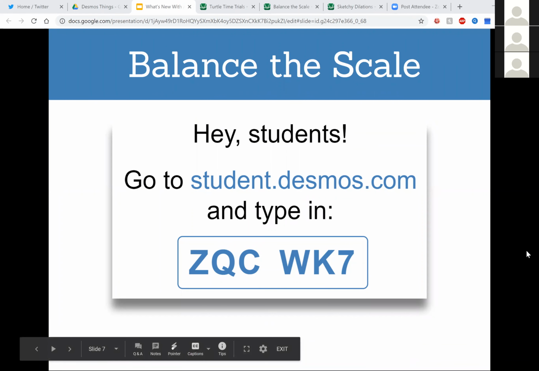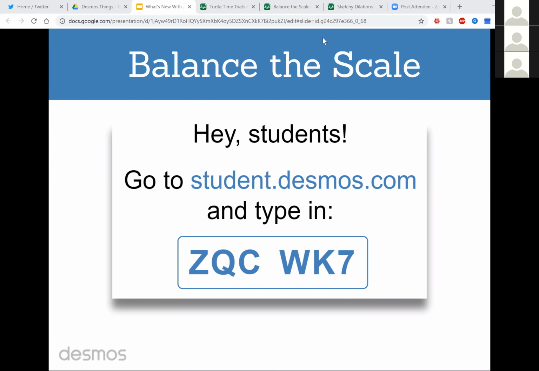So new one, balance the scale. And for this one, you are restricted to screens 1, 2, and 3 to start. So let's give you 2 or 3 minutes to work through those.